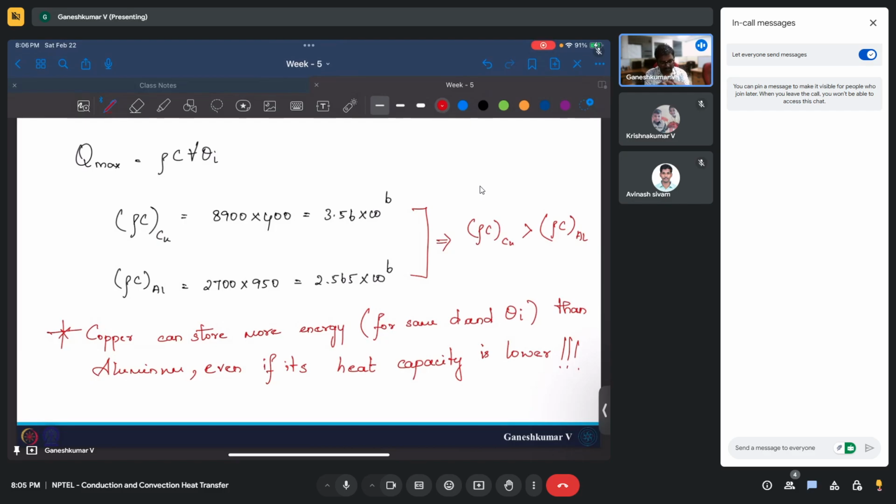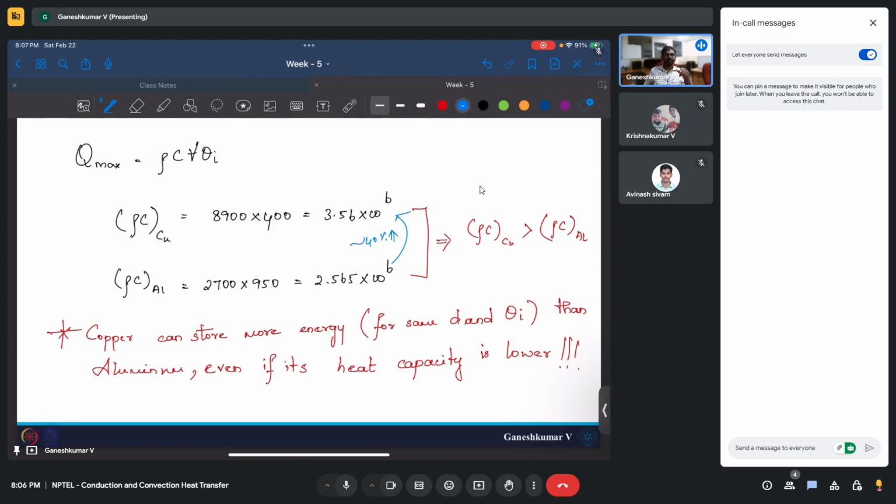Okay, so that is why you can say that I can replace it with copper and I can get a better performance. For example, I think it's around 40% rise compared to this. Roughly 40%, you can calculate it. Roughly 40% thermal energy you can actually increase by replacing aluminum with copper.